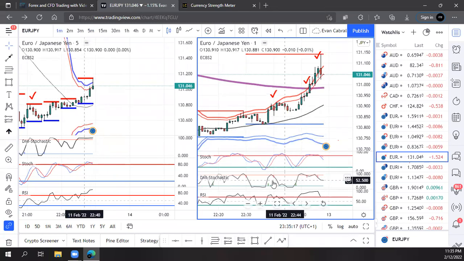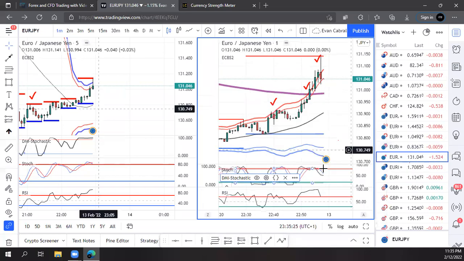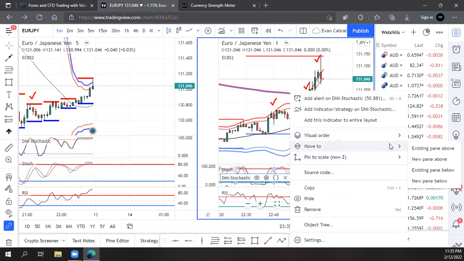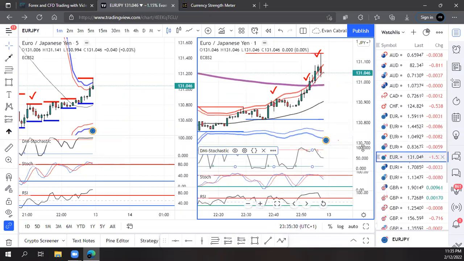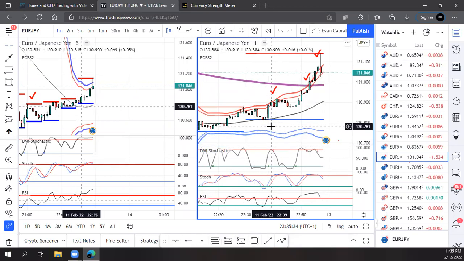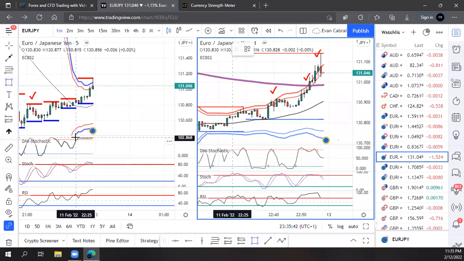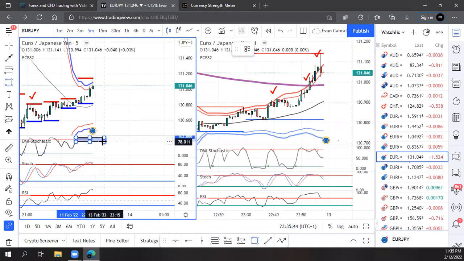So all I'm doing is waiting for everything to align, looking at both screens. If I'm looking at the 5 minutes time frame, everything is setting up for a sell.